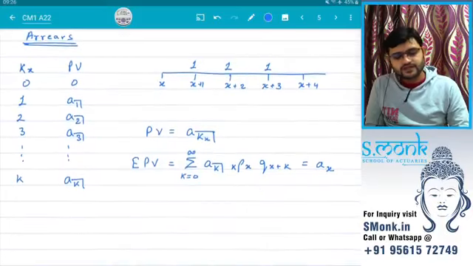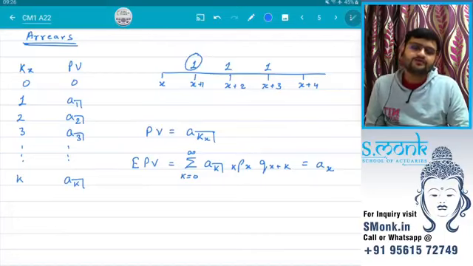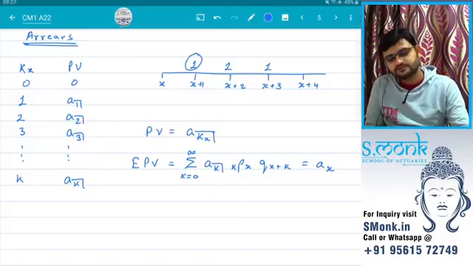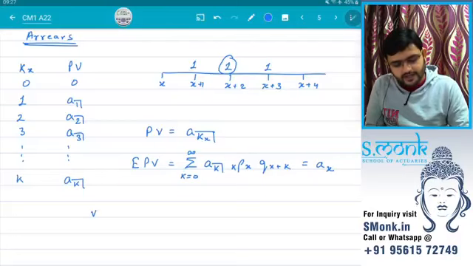We will write this as ax. Now let's see the other way. In the other way, the first payment, at time 1, would be given to anybody who survives the first year. The second payment, at time 2, would be given to a person who survives the second year. So again, the payment at time k would be given to a person who survives time k.